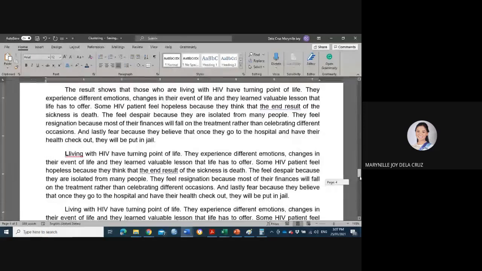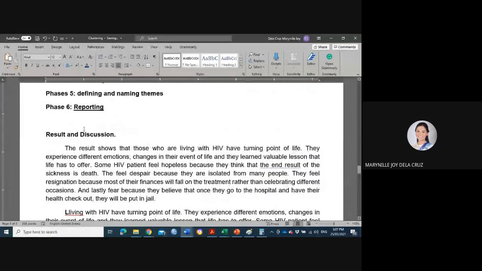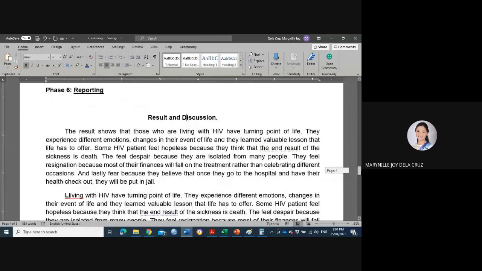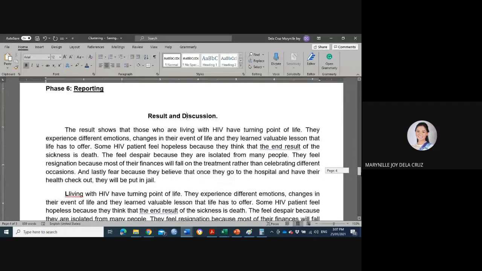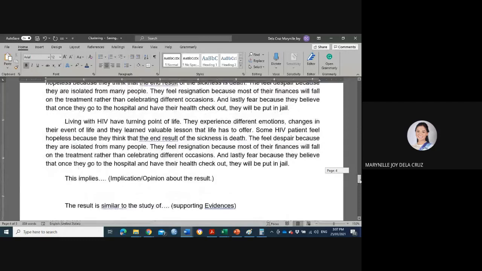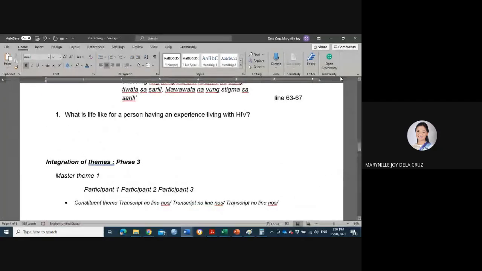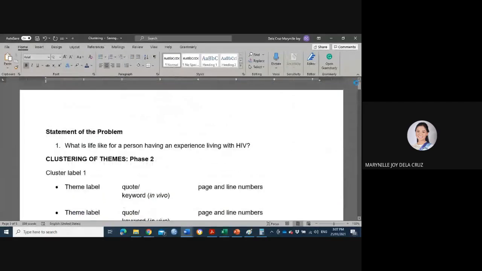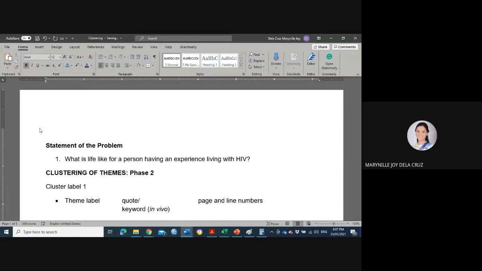Okay, so that's how you discuss the result of those who are conducting interview or observation. So that's still the pattern on how to write a thematic analysis. This is an example of a thematic analysis.